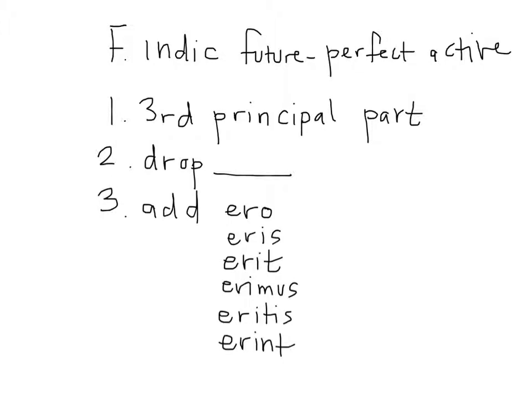And just to keep it novel and fresh and exciting, I handwrote this one, and also because everyone's sick of the typos, including me. To do the indicative future perfect active for a third i conjugation, it's no different than doing a third conjugation, a second conjugation, or a first conjugation. You take the third principal part, which in your paradigms example is cepi, you drop the i, and then you add ero, eris, erit, erimus, eritis, erint.